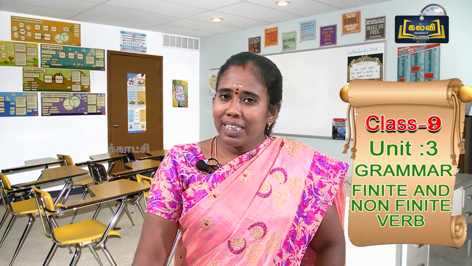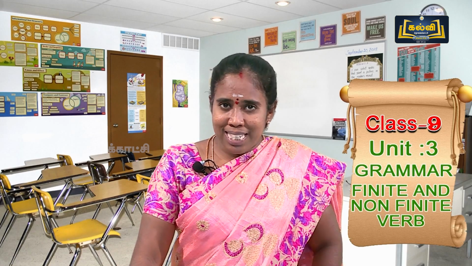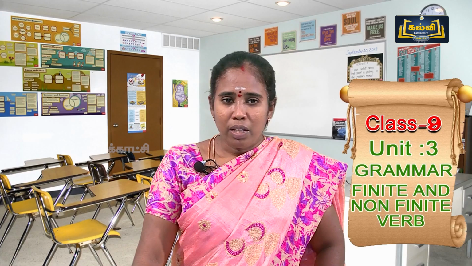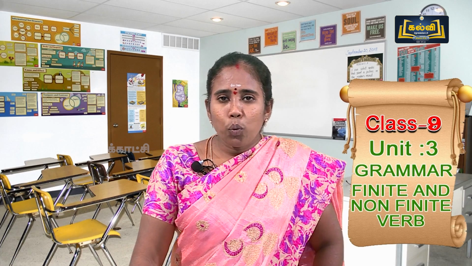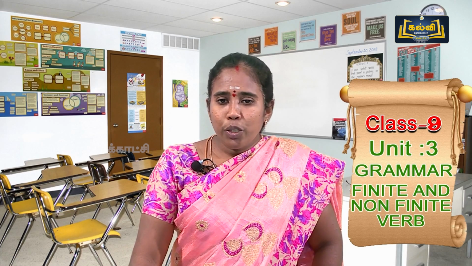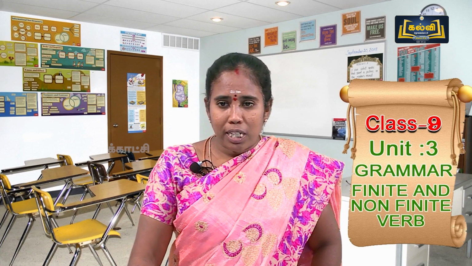You will understand clearly with the example. Paradi enjoys reading, but Anbu prefers playing. Here we have two verbs, reading and playing. In this sentence, the words reading, playing are verb forms that are doing the work of nouns only.